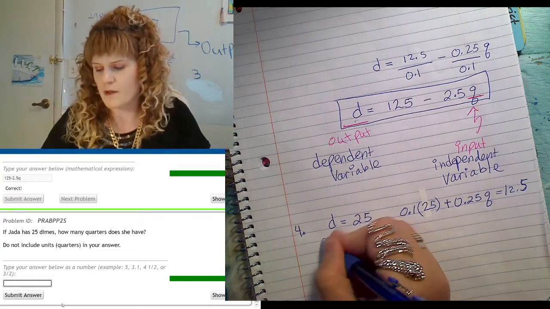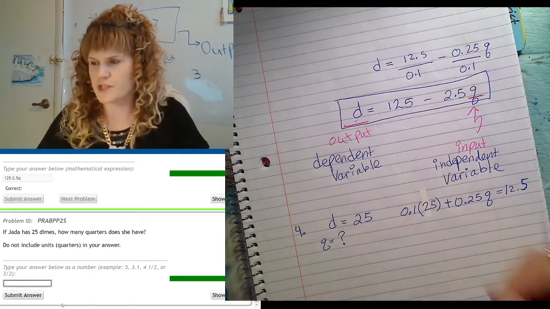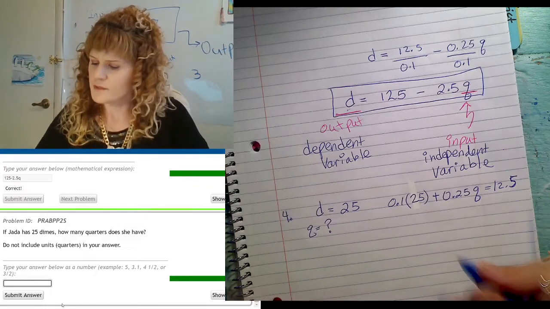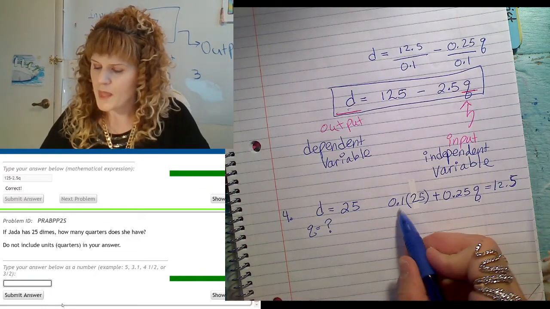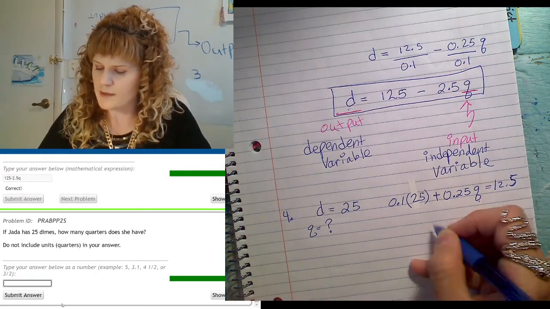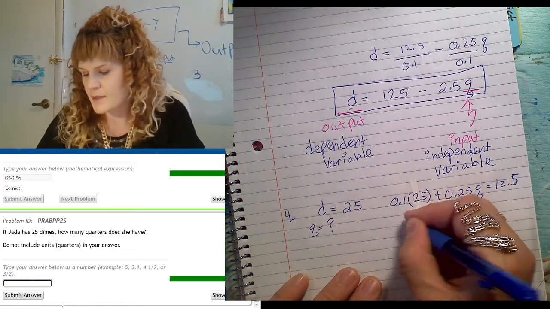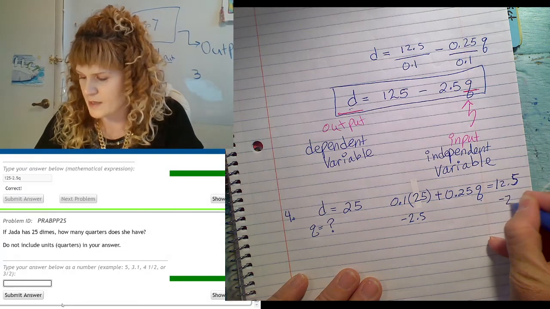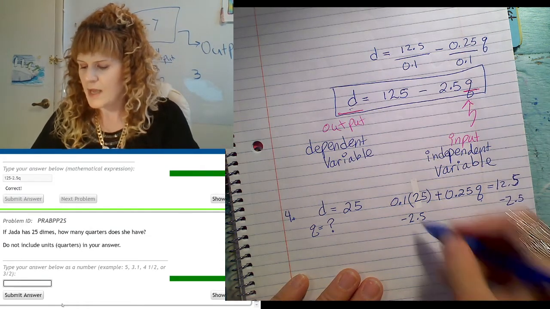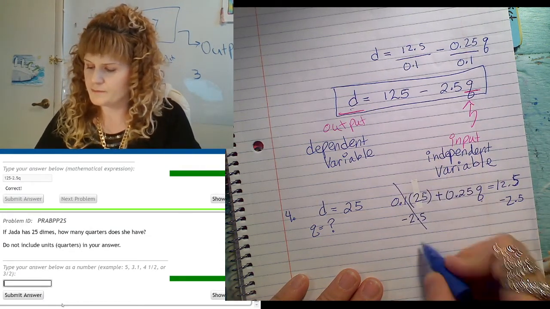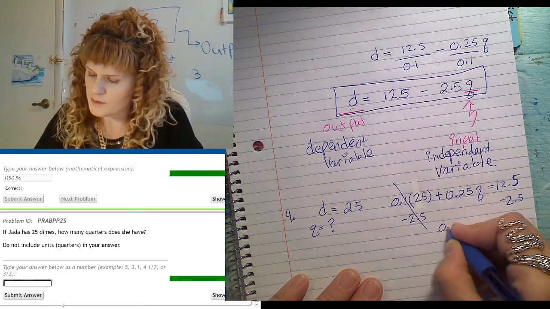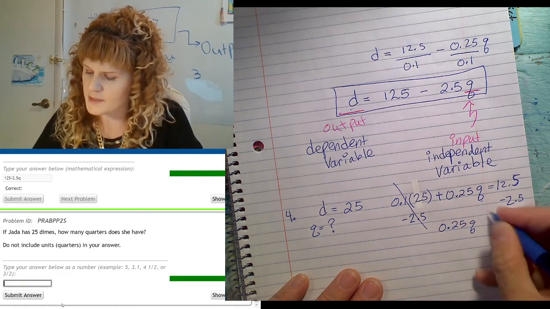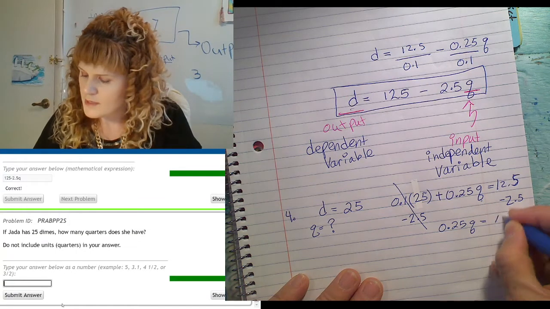Now we want to solve for how many quarters she has. So solve for Q. 0.1 times 25 is 2.5, so I'm going to subtract 2.5 from both sides of the equation to cancel that term out. And I get 0.25 times Q equals 10.